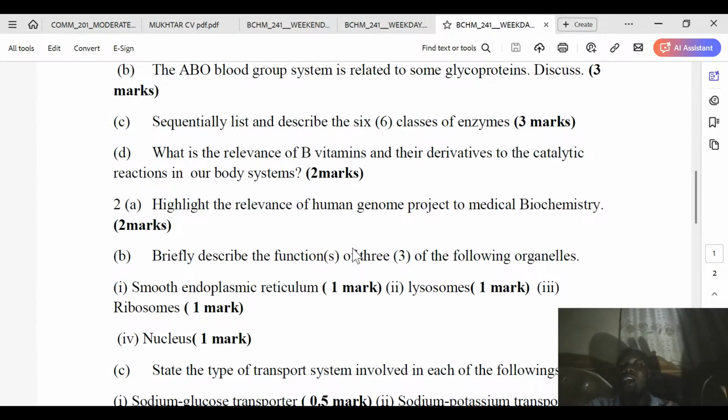From there, you will be able to know where exactly the problem is. That is why, using the Human Genome Project, scientists were able to diagnose so many diseases. Let me just give you this example. Remember we talked about DNA.